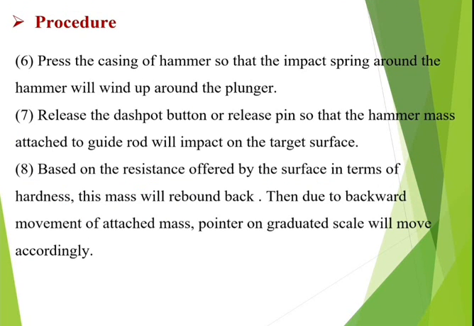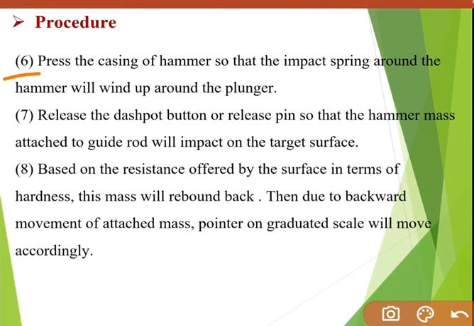Now 6th point says, press the casing of hammer so that the impact spring around the hammer will wind up around the plunger. So in this, after placing the rebound hammer against the testing specimen, you have to press the casing so that the hammer will wind up around the plunger.